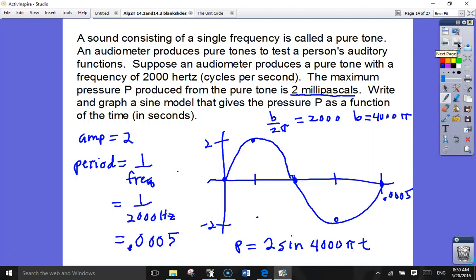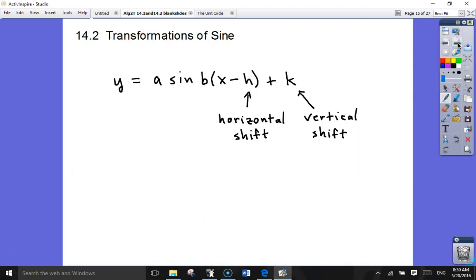Okay, all of that was in section 14.1. Now we jump to 14.2 because the rest of 14.1 is about those other 4 graphs that we don't want to do. But so far, before, when we multiplied a function by a constant, we called that a stretch or a shrink.